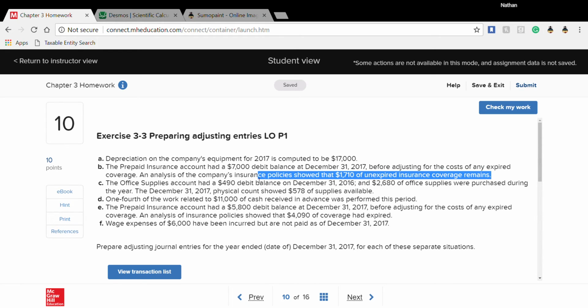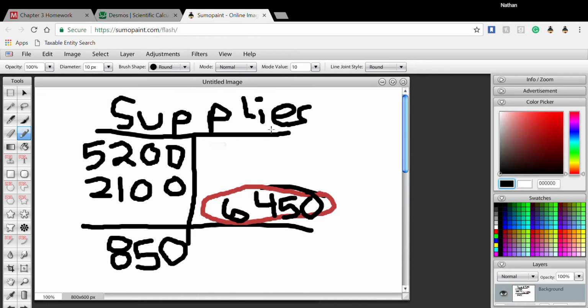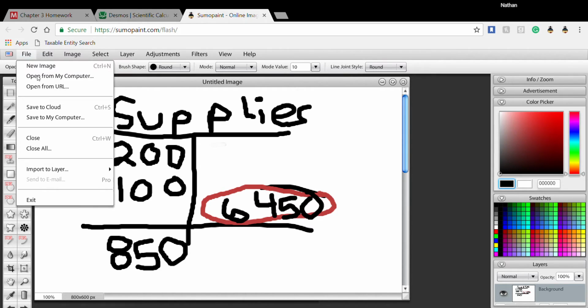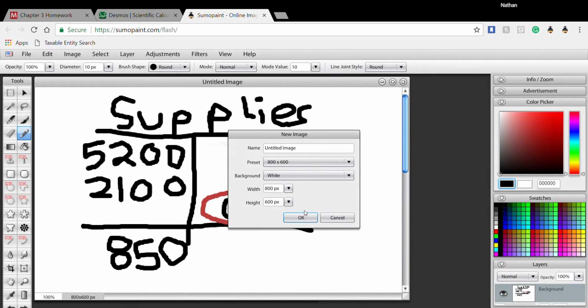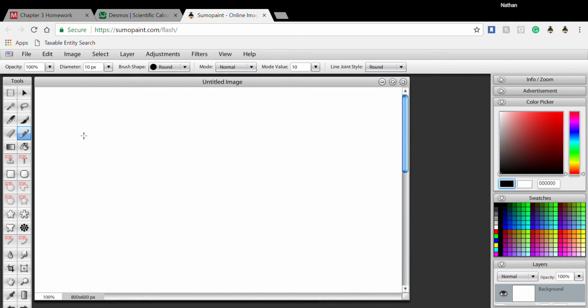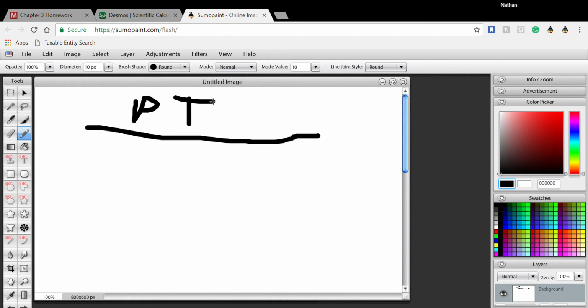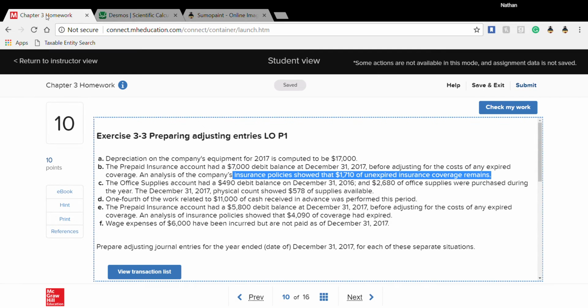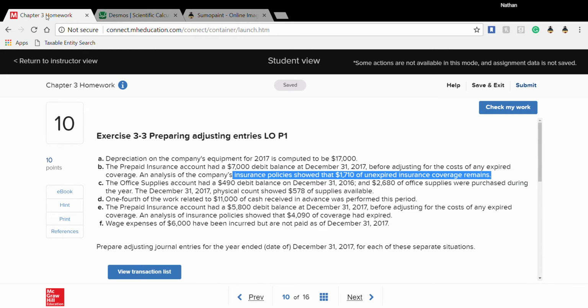So for this one, I'm going to build a new T-chart, and I'll put PI for prepaid insurance. This is how you build these. I'm not doing the depreciation one, I'm only doing part B right now.